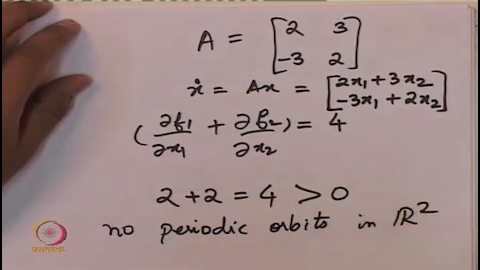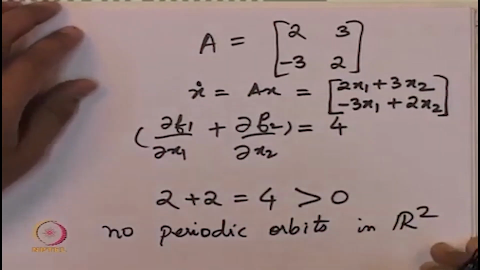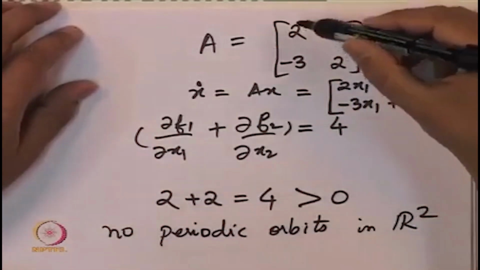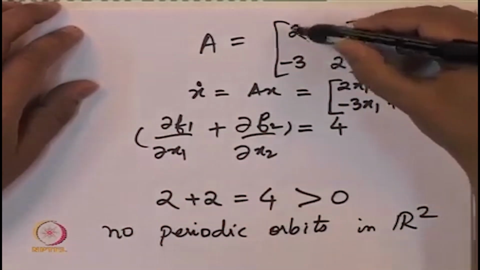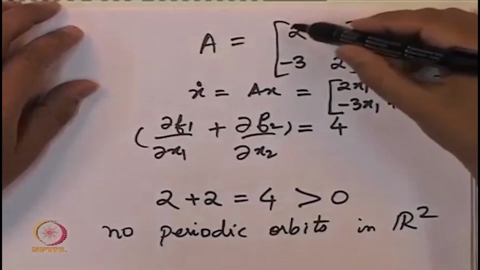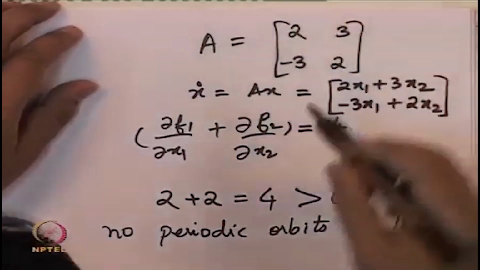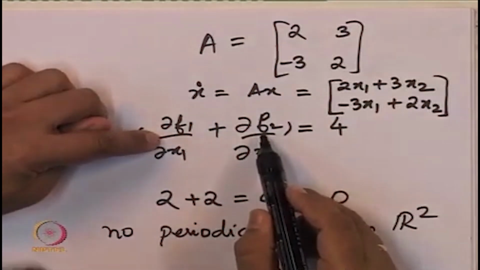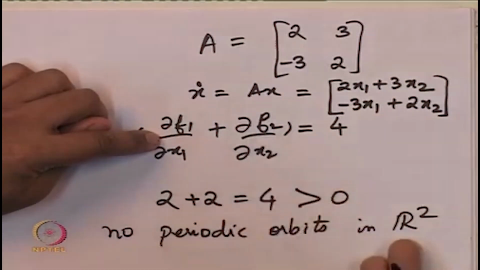In the entire state space, in the entire plane, there are no periodic orbits. So for linear systems, as long as the diagonal entries don't add up to 0, this quantity will not be identically 0, and then we can see that periodic orbits are ruled out.